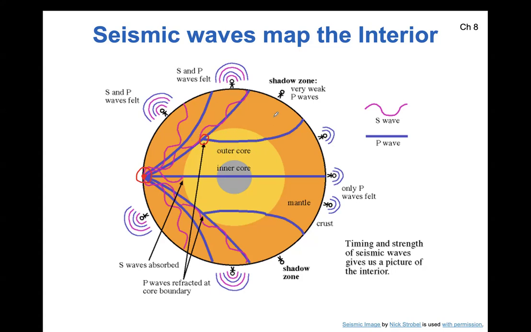And because of the refraction angle, a shadow zone will show up, which is where very weak P waves are detected, much fewer of them.